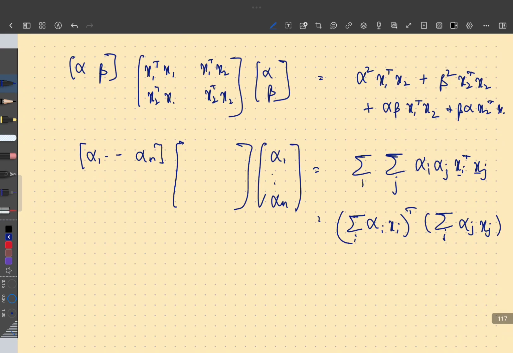Right, which is going to be non-negative for every alpha.